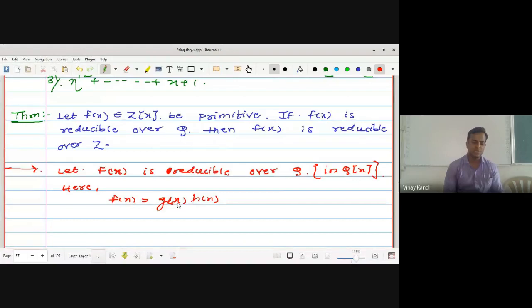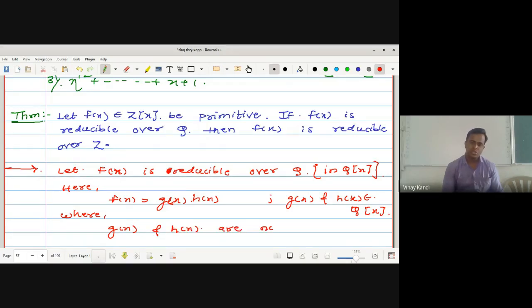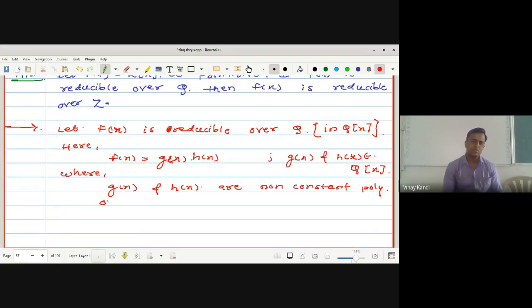Because f(x) is reducible and those elements g(x) and h(x) belong to Q[x], where g(x) and h(x) are non-constant polynomials of lower degree than f(x). Okay, any doubt up to here?